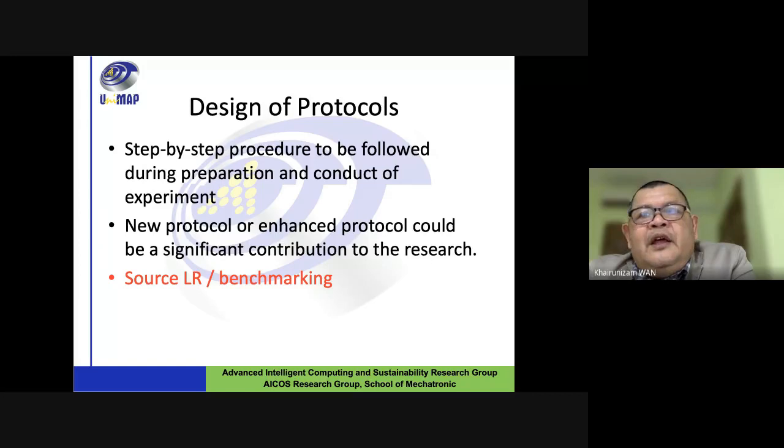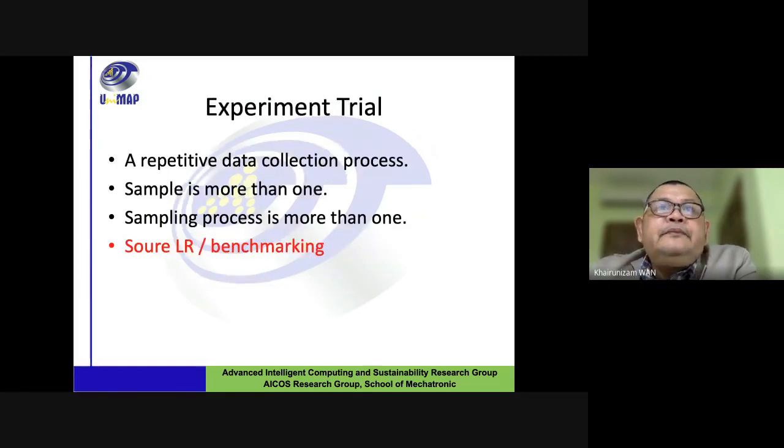Probably you can proceed with your study from undergraduate to a higher level like a master's degree, if you are able to introduce a new protocol or enhance a protocol. Experimental trial. What is an experimental trial? We have discussed before: a repetitive data collection process.